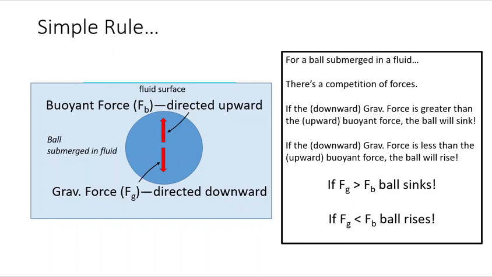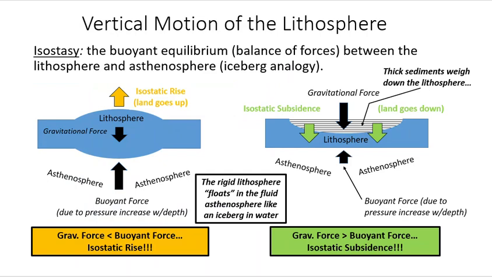Okay, let's put this into practice now and see how this actually helps us understand vertical motion of the lithosphere in the real world. So again, remember, isostasy is just a balance of forces between the buoyant force and gravity. And so here we go. So let's imagine over on the left-hand diagram, we have a lithospheric plate shown in blue.